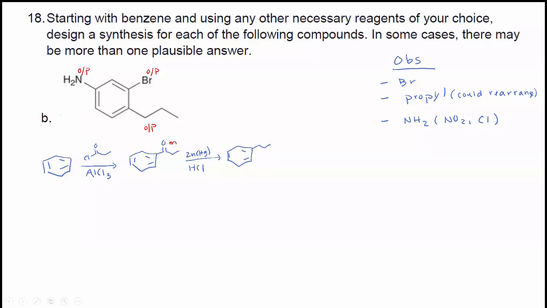So we have our alkyl chain, and this is now an ortho-para director. And I'm going to add the para group first because it is opposite, and that one sterically is favored.